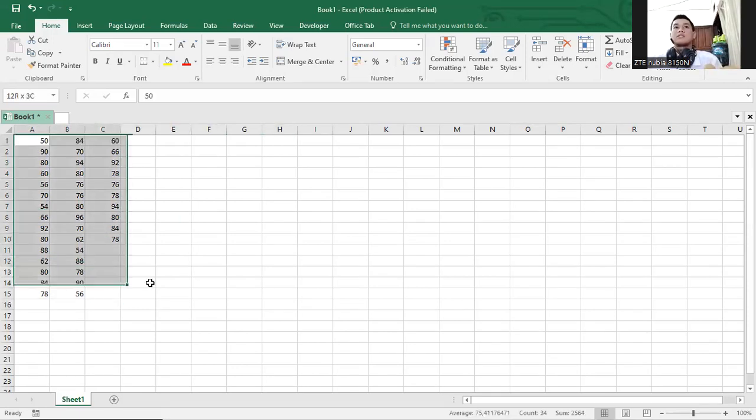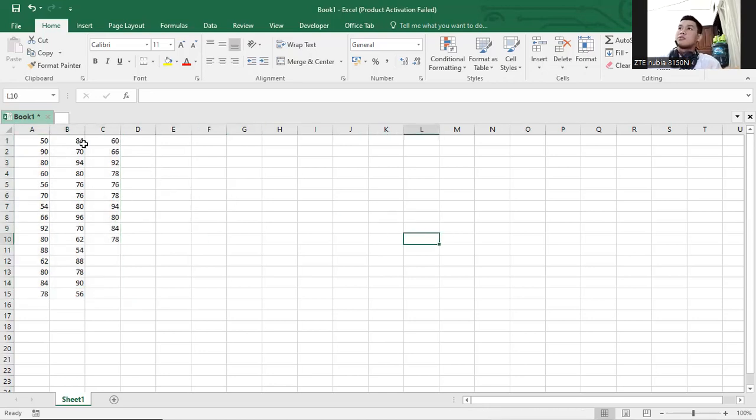We have a set of data here, and the first thing we have to do is arrange the data sorted from smallest to largest.